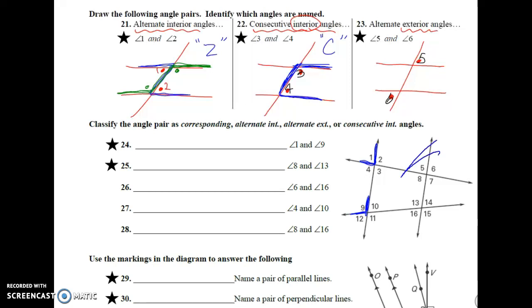So in this case, you would ignore everything at the right-hand side of the diagram, and you'll notice both of those angles are to the left of the transversal and above their corresponding lines, and if you look more closely, they actually make an F. Those are corresponding angles.